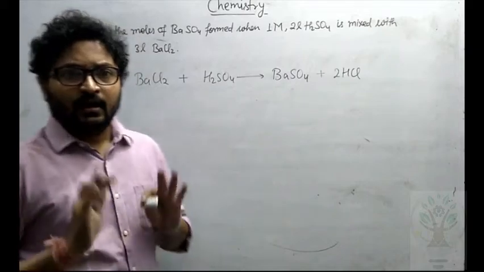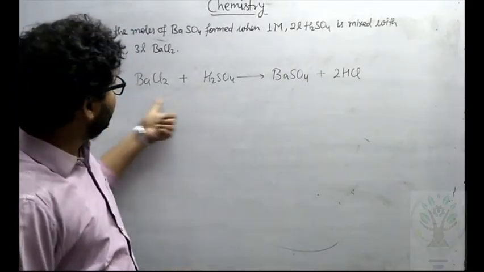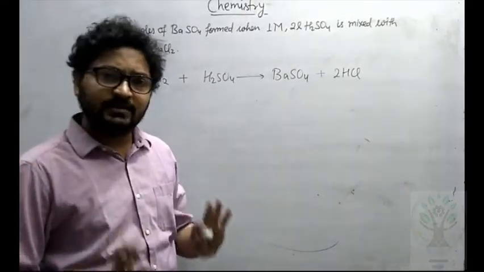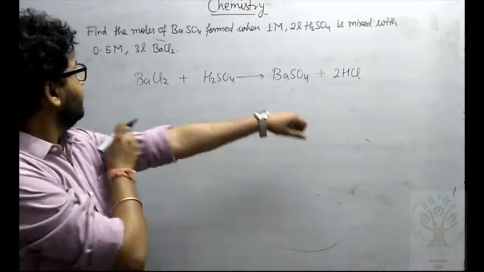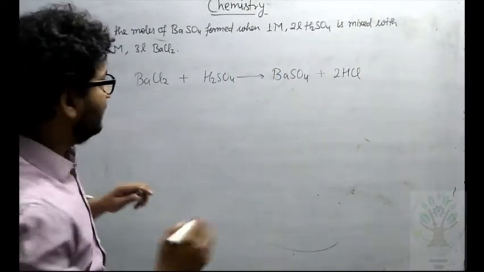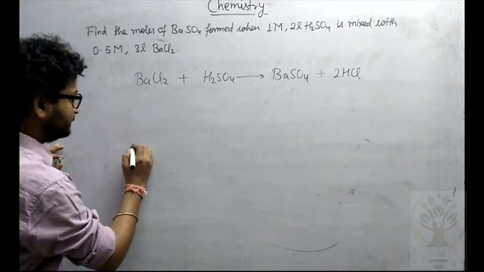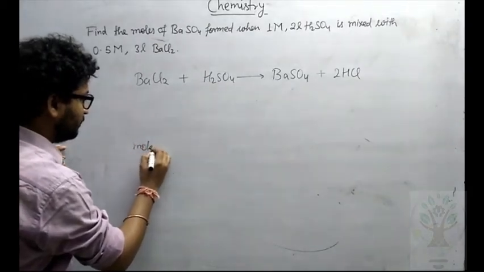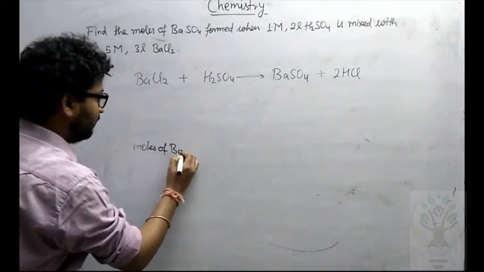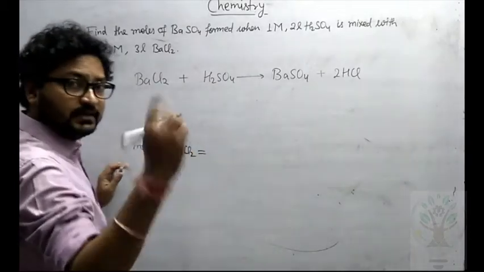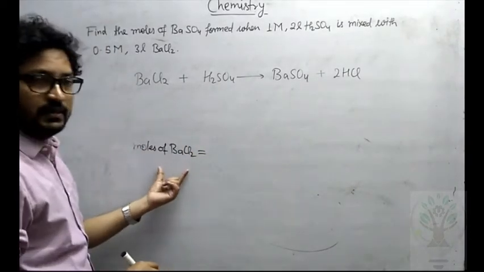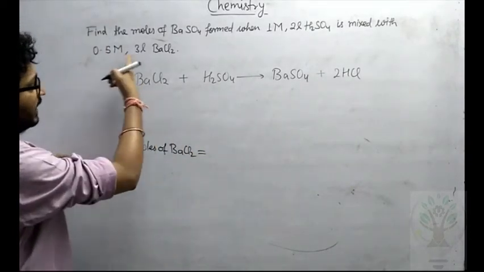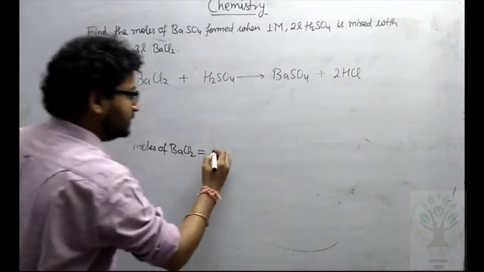Now we have found the correct balanced reaction. Now let's find how many moles of each reactant I have. Can you tell me the moles of BaCl2? How many moles of BaCl2 do you have? You have 0.5 molar 3 liter. So how do we find moles?